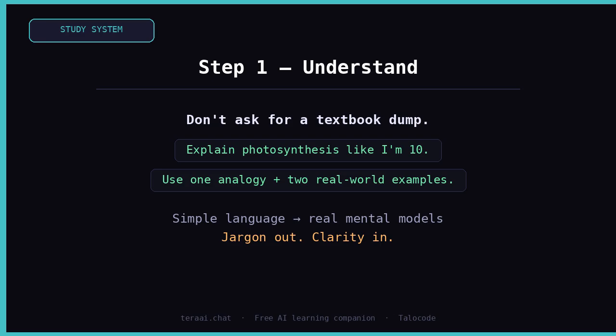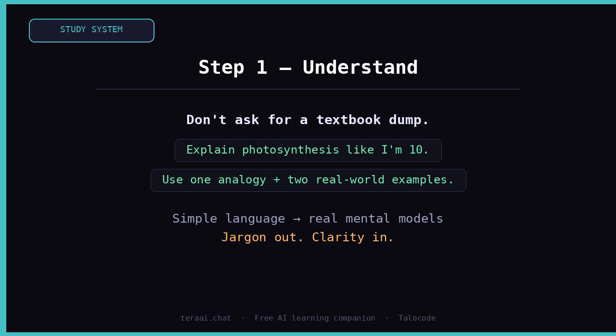Step 3 is building a plan. Cramming fails. Systems win. Here's the prompt: "I have an exam in 7 days. Topics are biology, chemistry, and physics. I'm weak on chemistry.